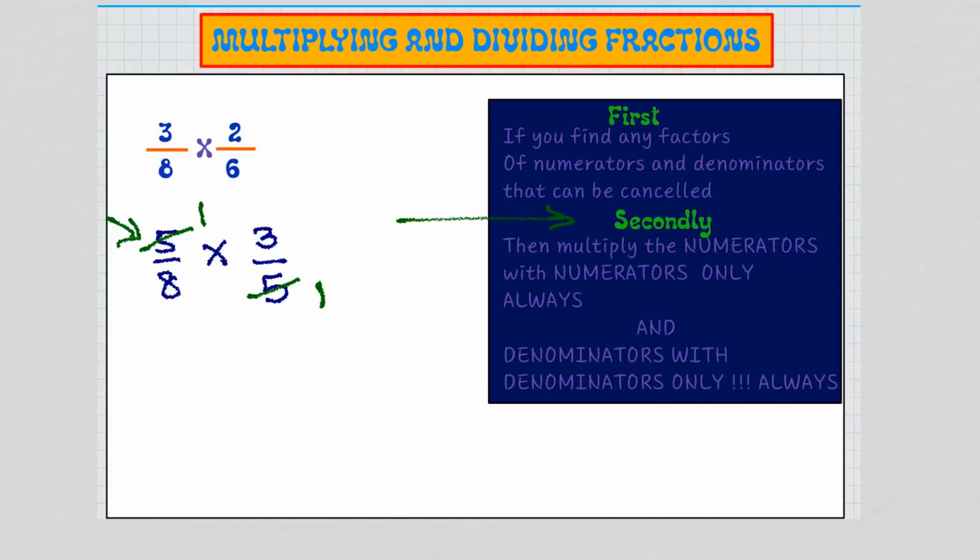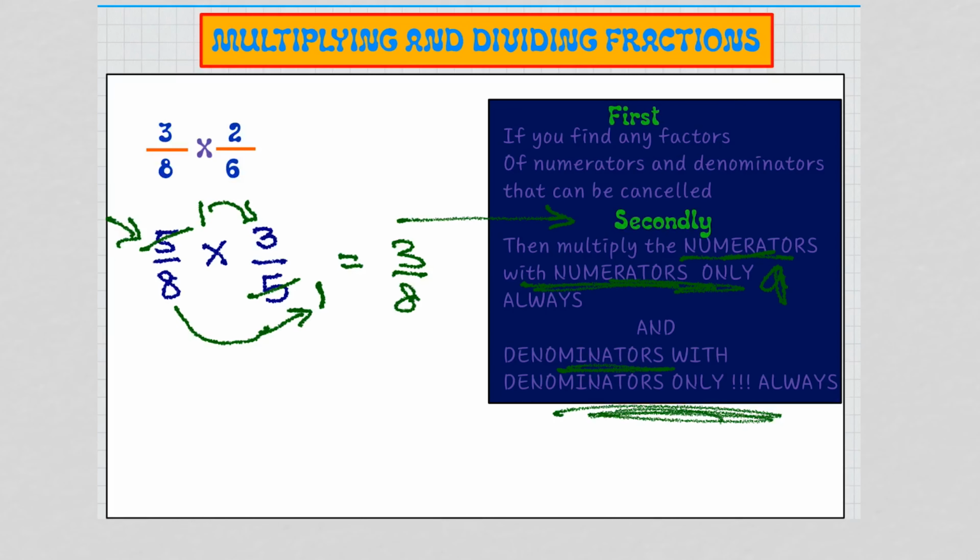Second step, we multiply numerator with numerators only. Please always remember this. 1 times 3 is 3, and denominators with denominators only: 8 times 1 is 8. That's how you multiply two fractions.